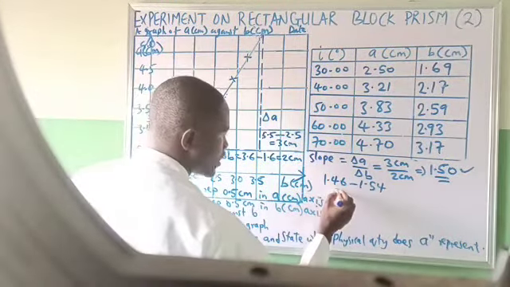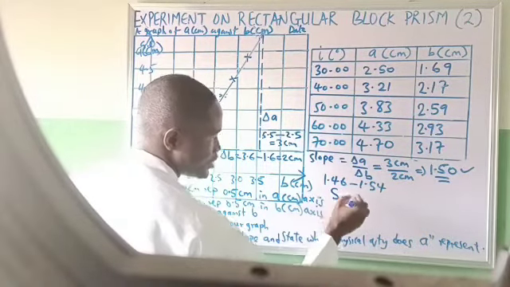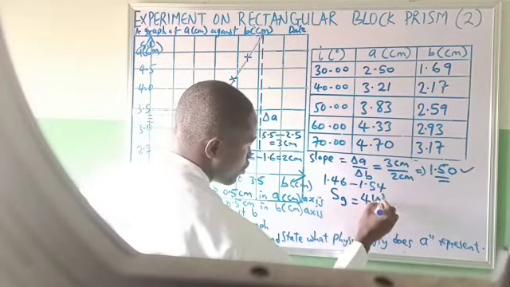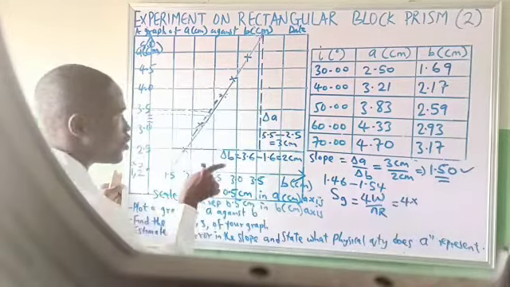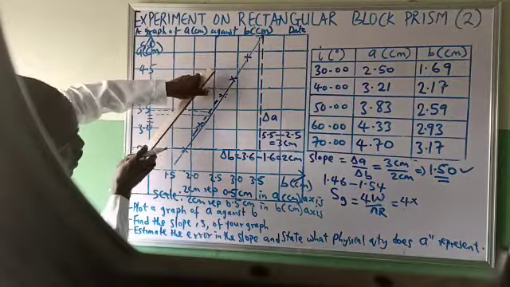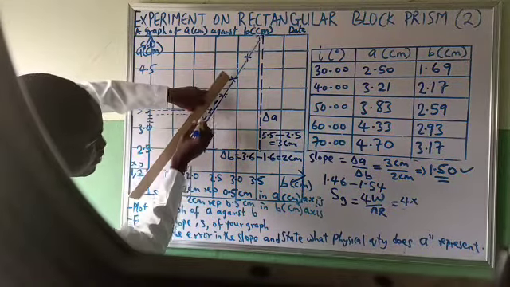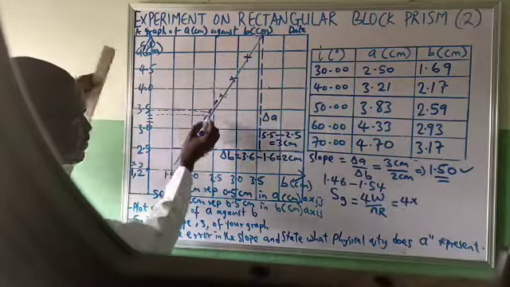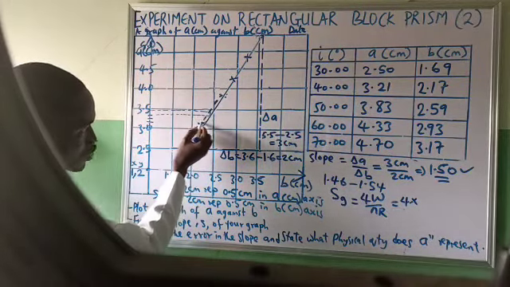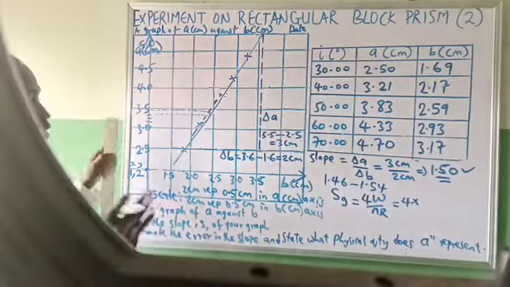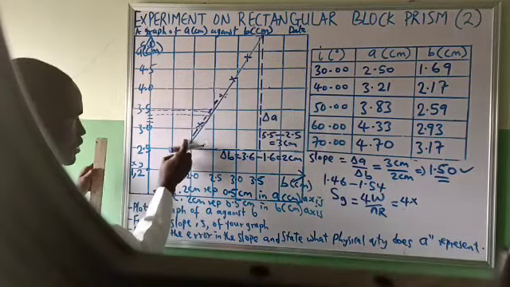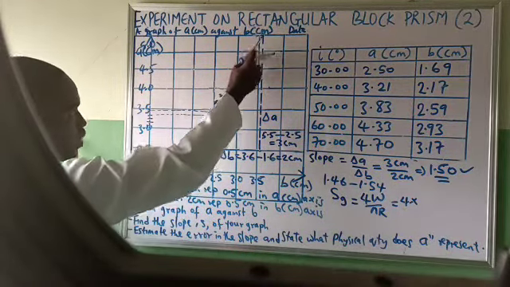Now, error in the slope, SG equals 4W over N times R, where your W is your vertical scatter, which you get from putting your ruler parallel to your line of best fit and locating it to the point that didn't enter the line. If they are two, when you put this parallel line, you also put the other one parallel to the line of best fit.